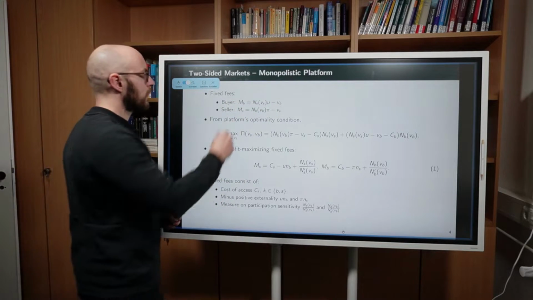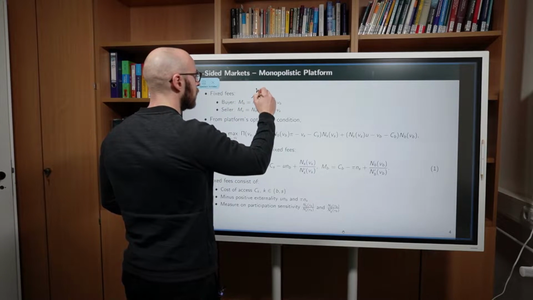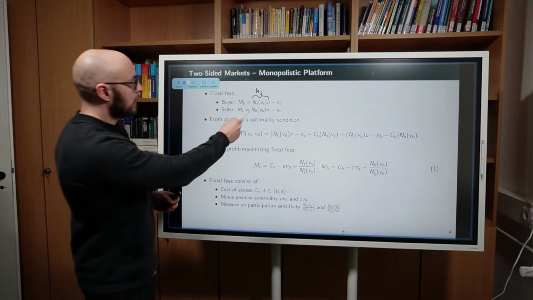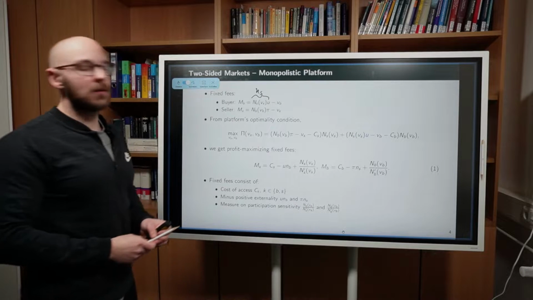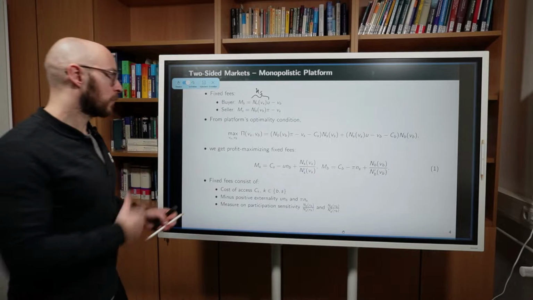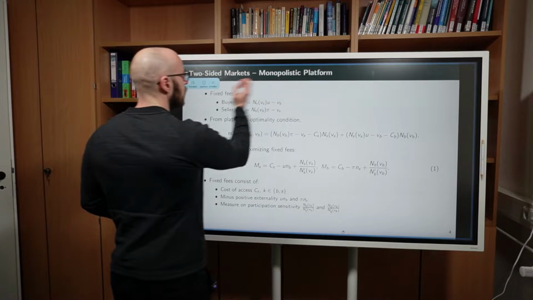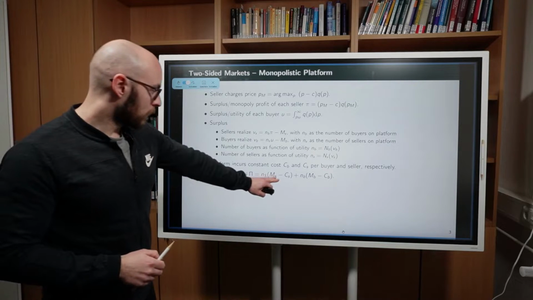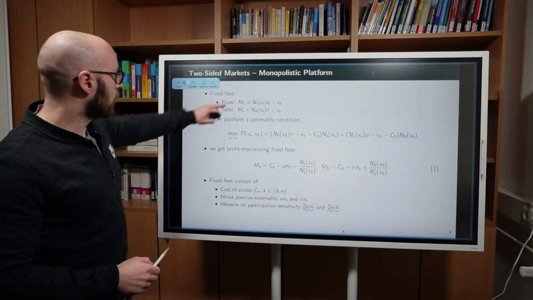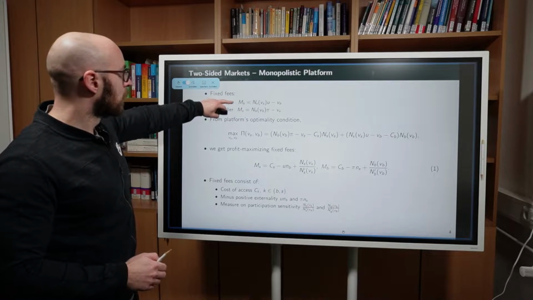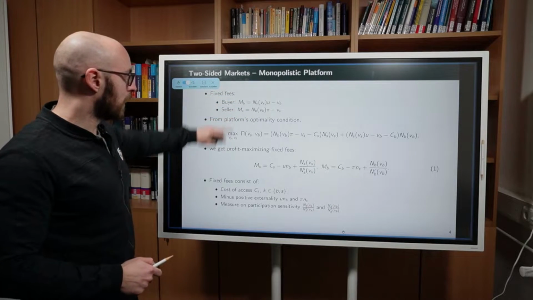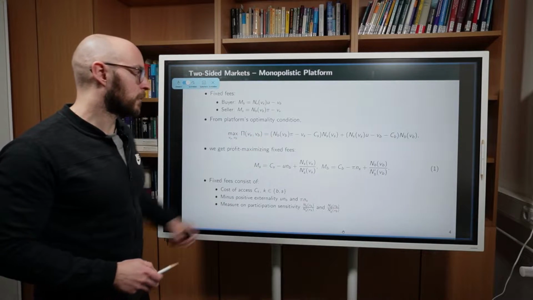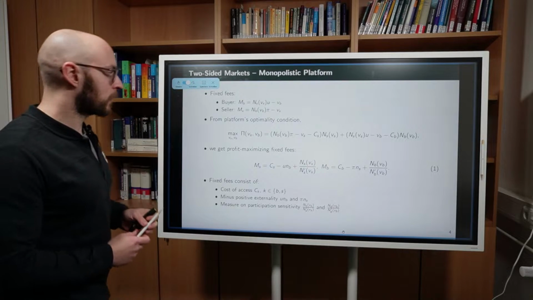But we take into account that capital NS as a function of VS is equal to small ns, and capital NB as a function of VB is small nb, right? So that's what we had before. So we just substitute this and rearrange the equation that we had before. Now we have an expression of MB and MS that we can substitute here and here, and then we get to this expression here, and this is our profit function.